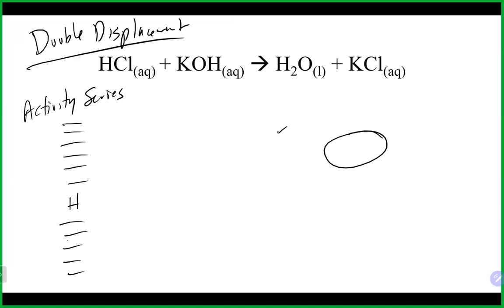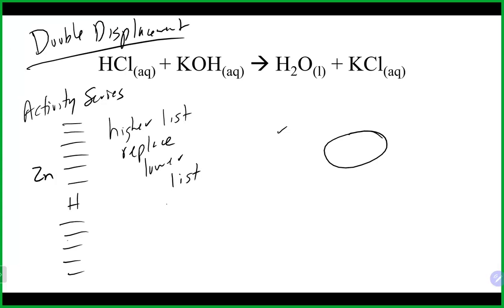And really the idea here is if you look at an activity series, anything that is higher on the list will replace anything that is lower on the list. So for example, if you looked at the list, you would find zinc higher on the list than hydrogen. And that's why zinc replaced hydrogen in this reaction, because it's more reactive.